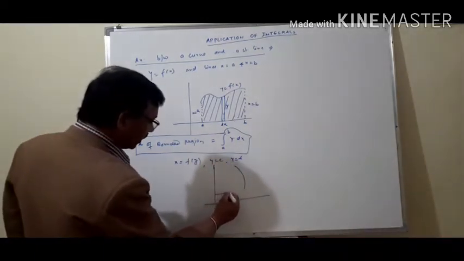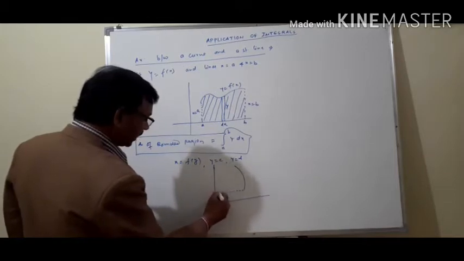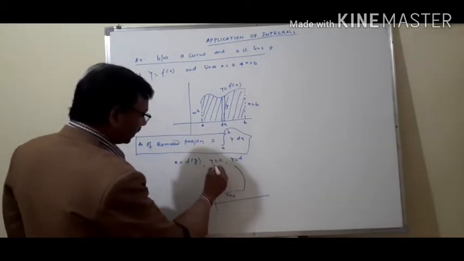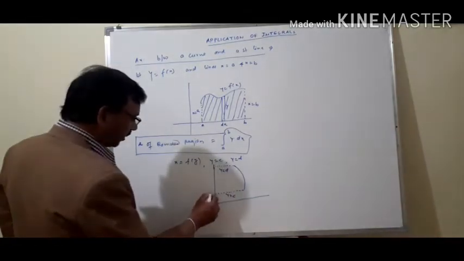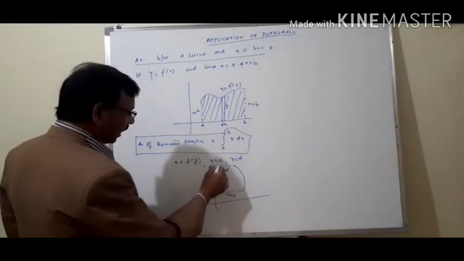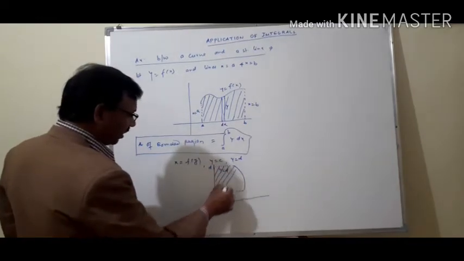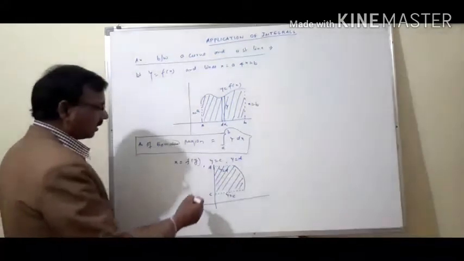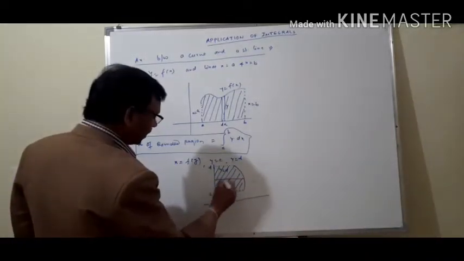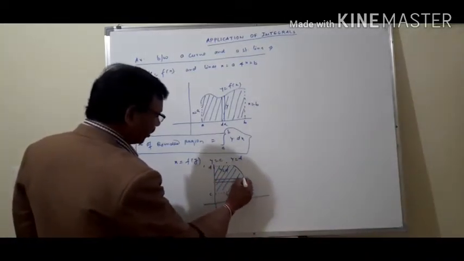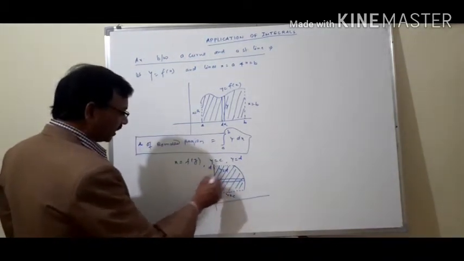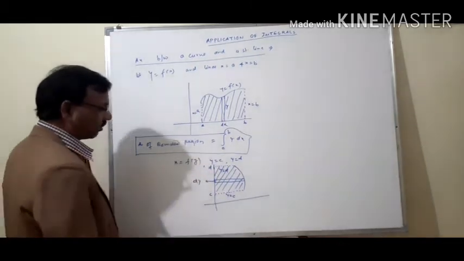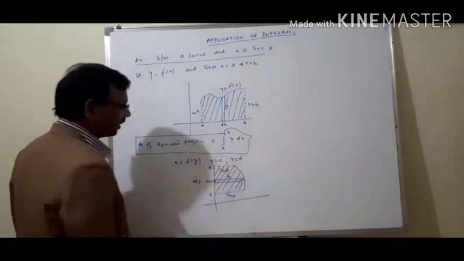Suppose this is y equal to c, which is a line parallel to the x-axis, and this is the equation of the line parallel to the x-axis, y equal to d. So this point will be c and this point will be d, and we want to find the area of this bounded region. For this we draw small strips along the y-axis and parallel to the x-axis, and the width of this strip is dy, which is very very small, and the length of this strip is x.